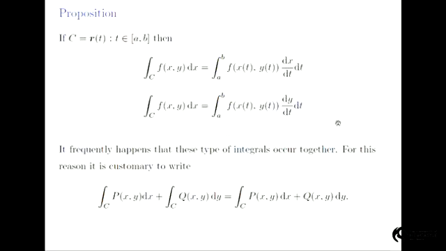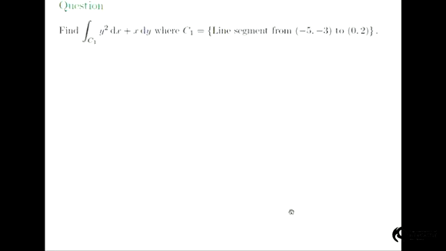And as it frequently happens that these types of integrals occur together, if you see the integral over this curve C of p(x,y) dx plus q(x,y) dy, we're sort of messing with the notation here. This means this, and so we just factor out that integral sign. But again, mostly we're concerned about how we actually do this on tests and assignments.